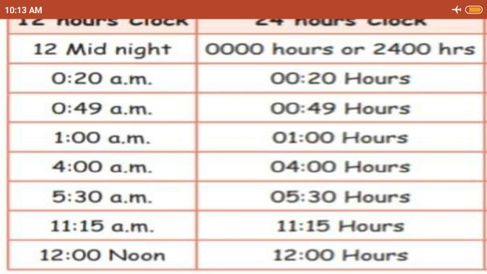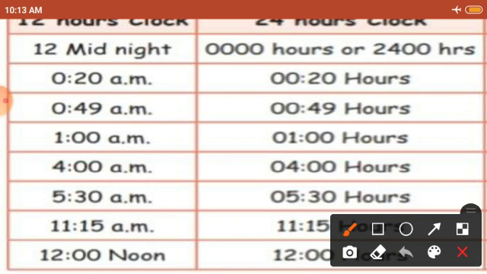4 AM. So 4 AM. This is AM. So what will you do? Just remove this AM. And now you have what? 4:00. You have how many digits? 3 digits. And in hours place you have only 1 digit, but the minutes place has 2 digits. So don't worry about the minutes place, and simply see the hours place.